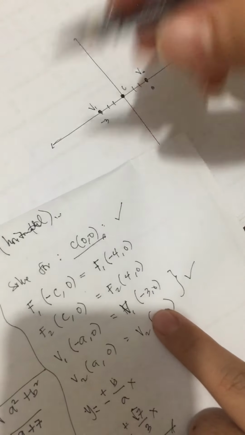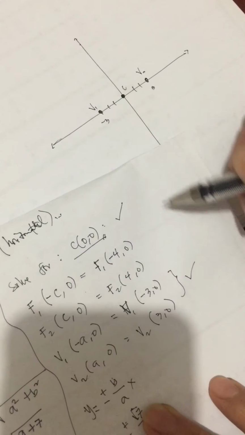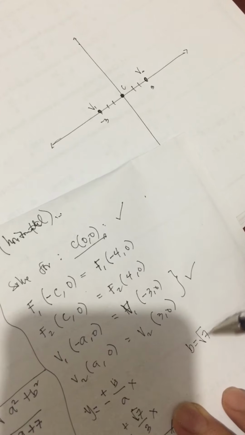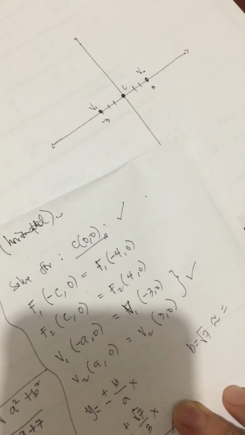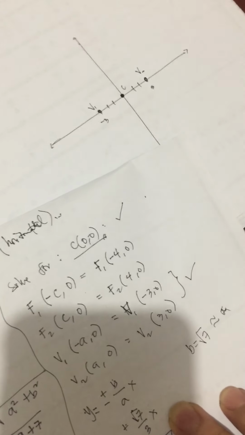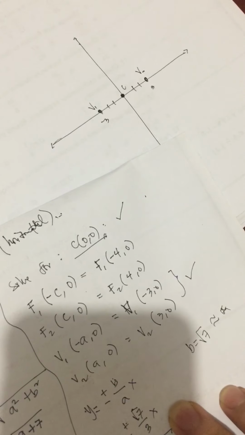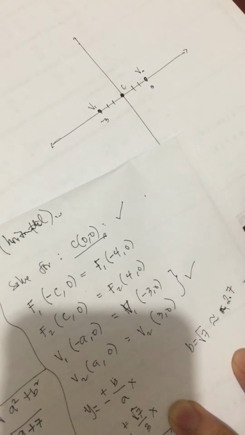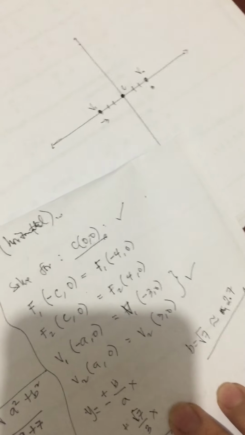Next is yung value ng ating B. Okay, the value of our B, square root of 7, this is approximately equal to, what's the value for this? 2.7. Okay, approximately equal to 2.7.